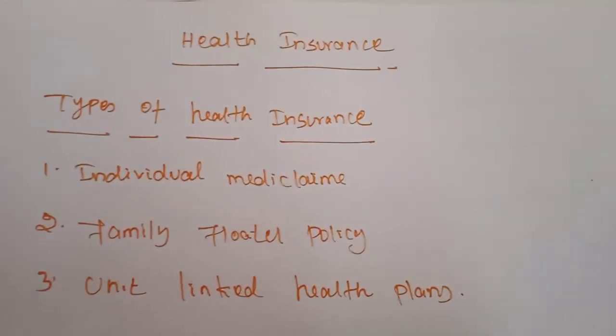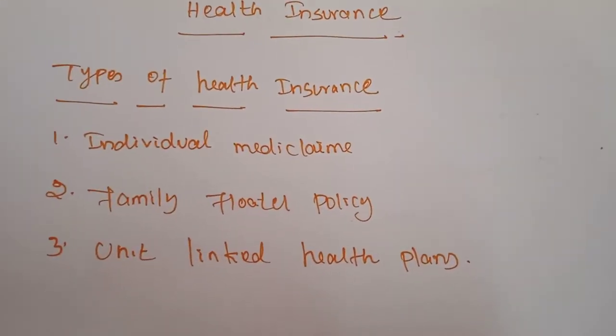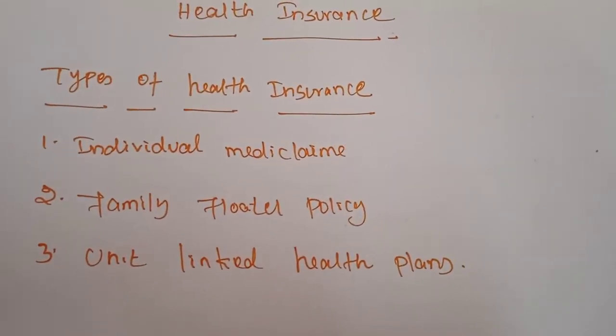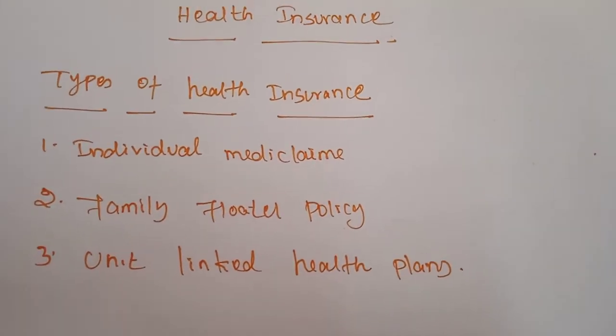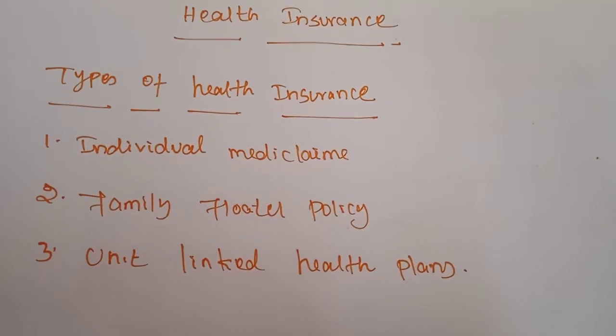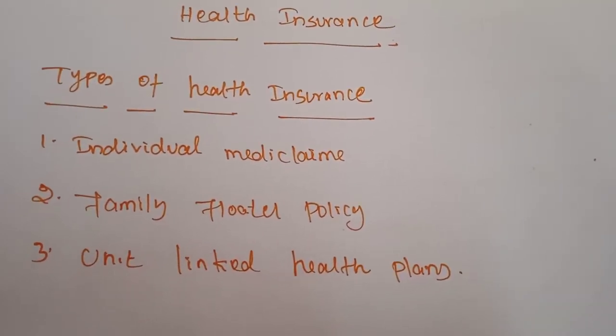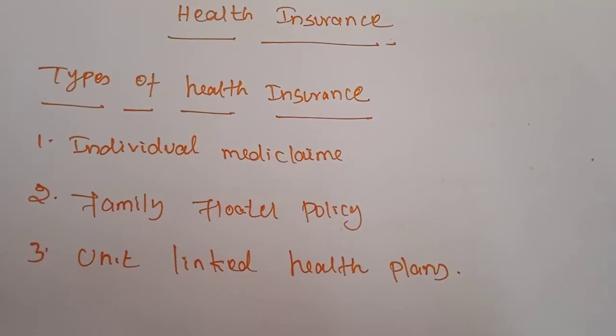But the poor people and the middle class people were not able to get the facilities from the private hospitals. Because of that, all the people felt the importance of health insurance.